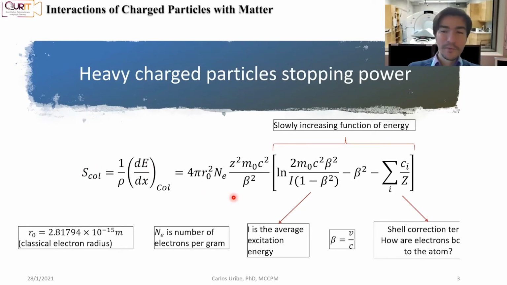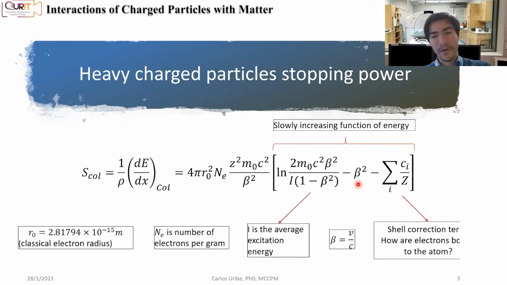So we have a term here, which is called the shell correction term, and this is basically going to tell us how is that electron that we're knocking out bound to the atom? If it's very highly bound, then it's going to stop our particle a little bit less because it's going to be harder to get it out of there.